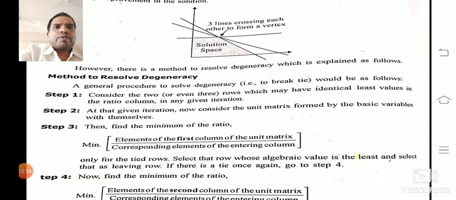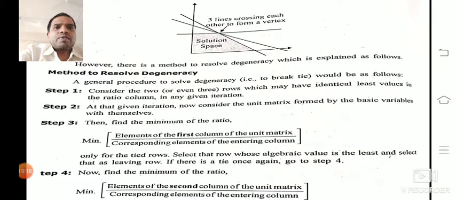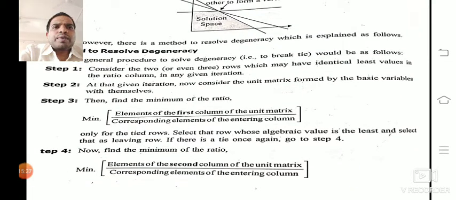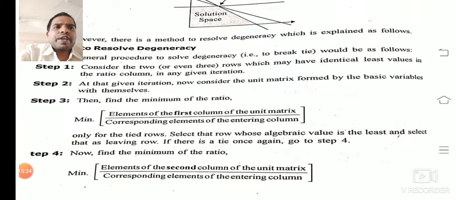Step 3: find the minimum of the ratio by using the formula: elements of the first column of the unit matrix divided by corresponding elements of the entry column. Step 4: find the minimum of the ratio of the elements of the second column of the unit matrix divided by corresponding elements of the entry column.